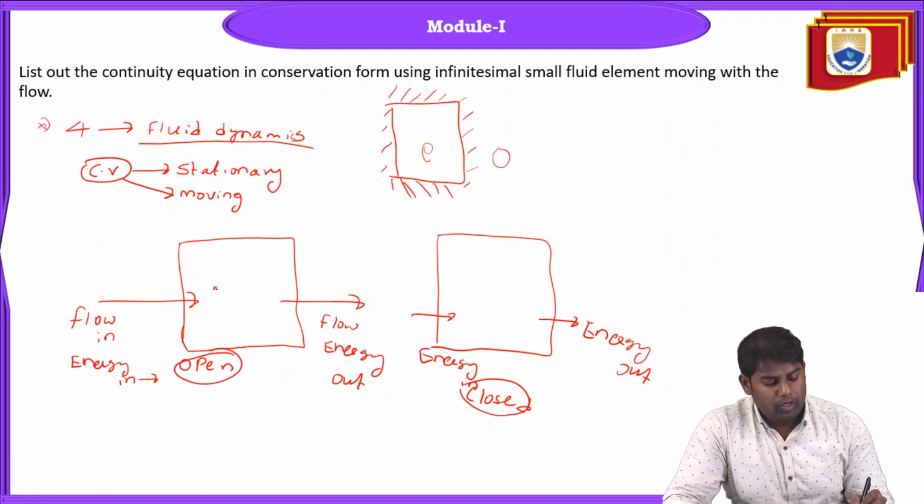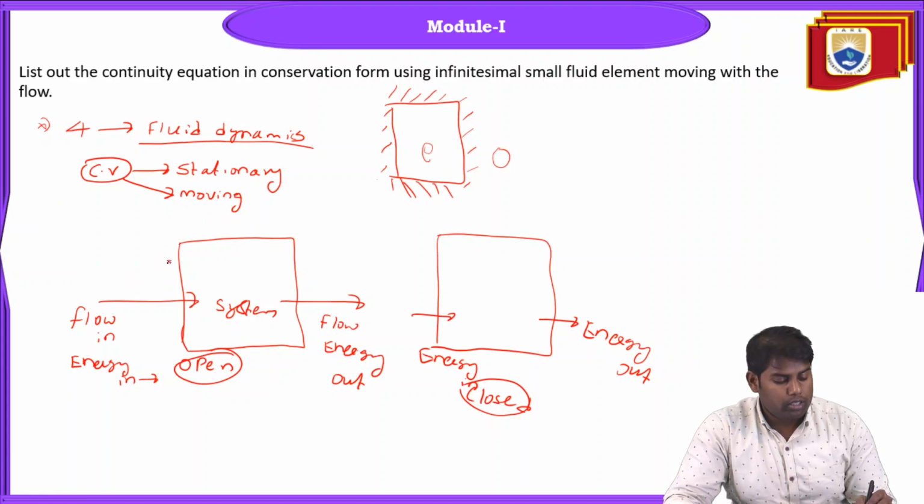So the control volume is called the system, and the space present outside the boundary of the system or control volume we call the surroundings or environment. When you have flow and energy interaction between the system and the surroundings, that sort of control volume is called an open system.